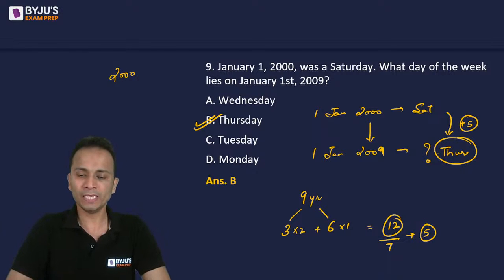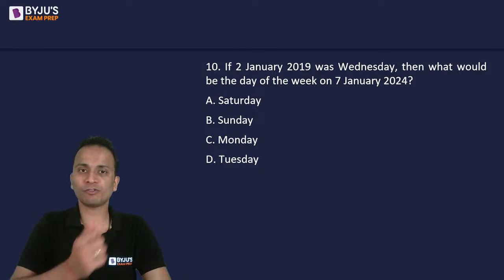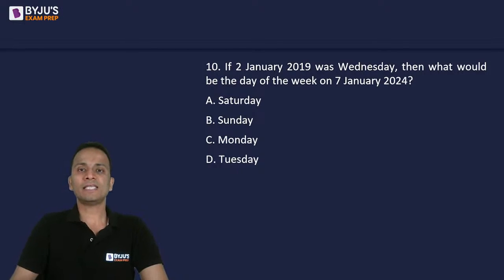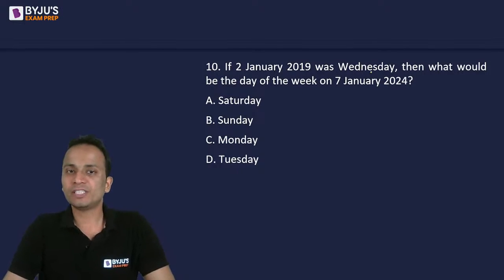Okay, let's move on and look at the last question for the day. 2nd January 2019 was a Wednesday. Then what day of the week will be 7th of January 2024?